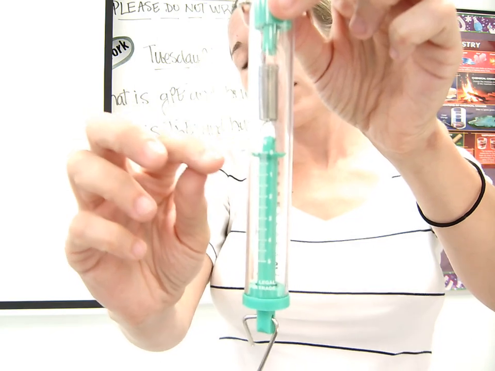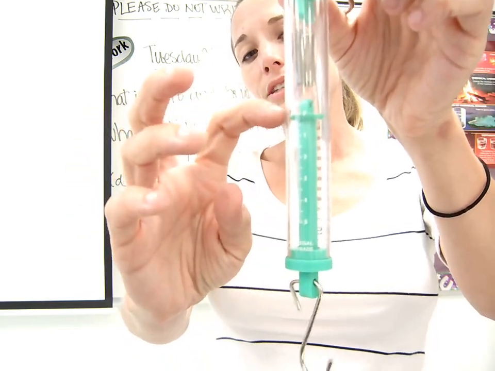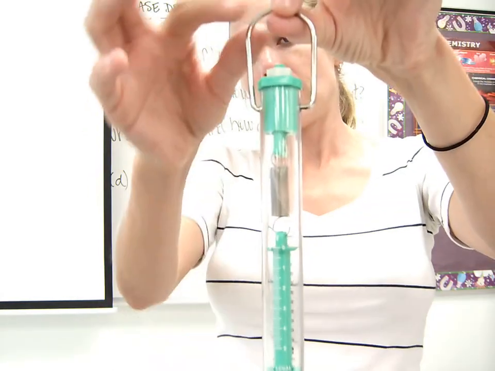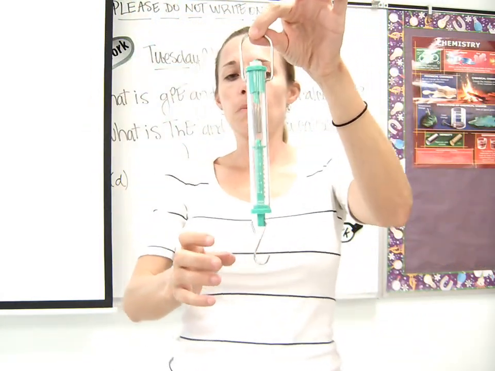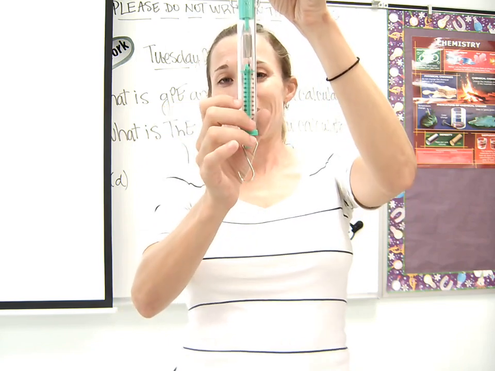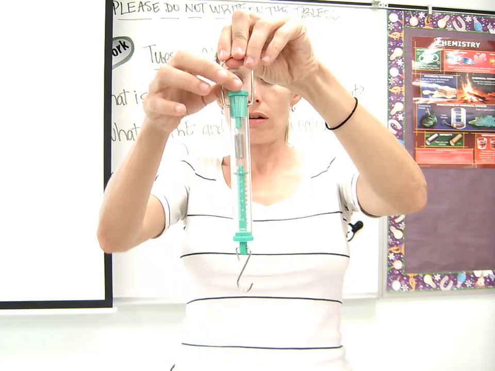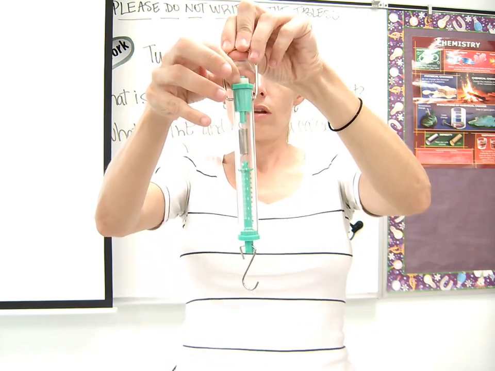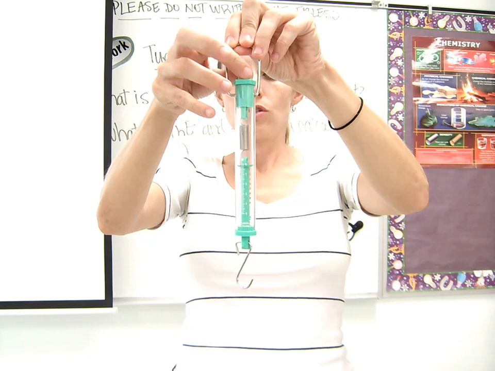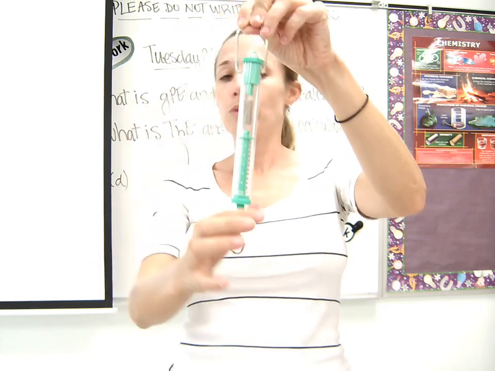There's this round disc. So we want the 0 newtons to line up with the top of the disc. So we want to hold it by this top little handle and see where the top of that disc is lined up. If it's not lined up at the 0, then holding it from here, you would turn this little screw at the top to adjust it so that the top of that disc is in line with the 0.